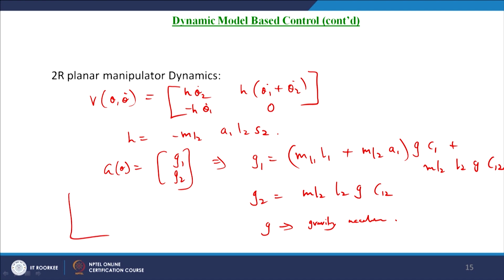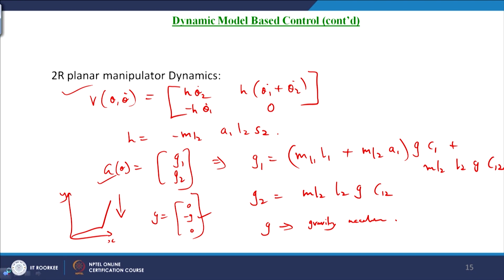In the planar manipulator, which is x and y, the vector G is taken as 0, minus G, 0. Why? Because this is the gravity direction, which is the minus y. That is why we put 0 for x, 0 for z, and for y it is minus of the g term. That is all.